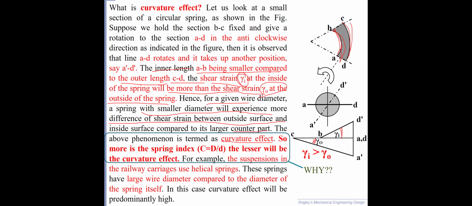So the larger the spring index, the lesser the curvature effect. Why? With a higher value of the spring index, we can reduce the curvature effect and the stress concentration.